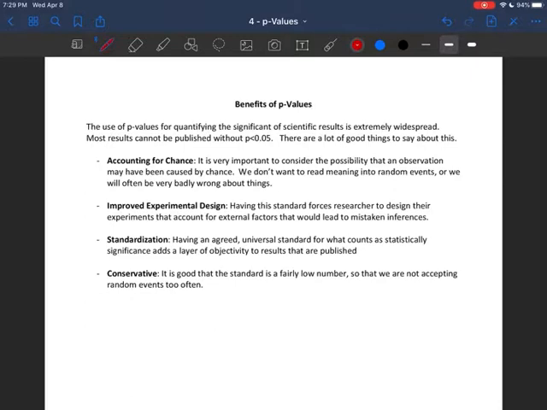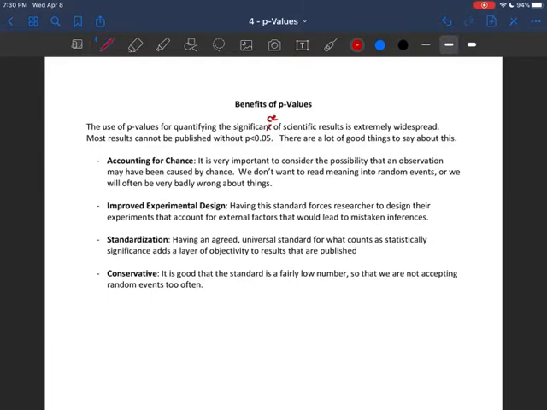Okay, so why do we want to use p-values? What's the point? Well, the use of p-values for quantifying significance of scientific results is very widespread. Most results cannot be published without a p-value less than 0.05. There are a lot of good things to say about this, actually.